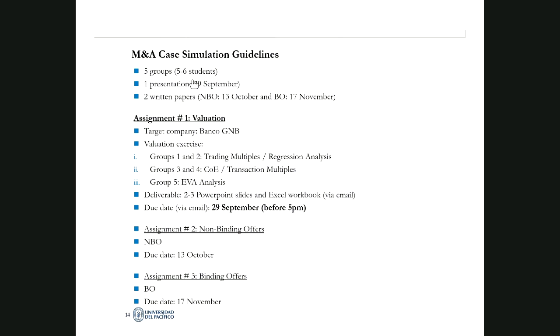If by next Tuesday I don't have you or anyone in a group, I will assign the remaining people to different groups so that everyone will know for next class which group they are in and with whom, okay? So we will have 5 groups of 5 to 6 students. Email me your groups if you know other people in the class and you want to be with them. And if you don't know anyone in the class and you don't know how to get into a group, don't say anything and I will assign you to a group, okay?